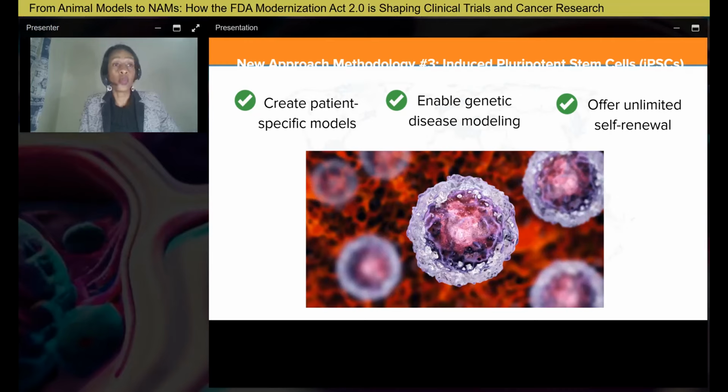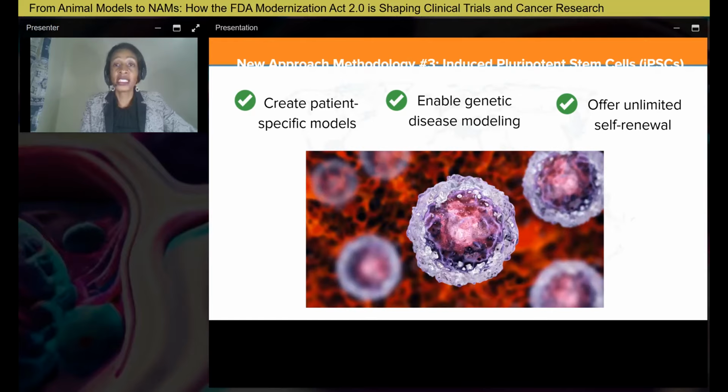This model offers one significant benefit, which is flexibility, because researchers are able to re-engineer these cells to develop into virtually any type of cell. And because these cells are obtained from an individual, they carry the same genetic, molecular, biomarker profiles, making this a great tool for genetic disease modeling.